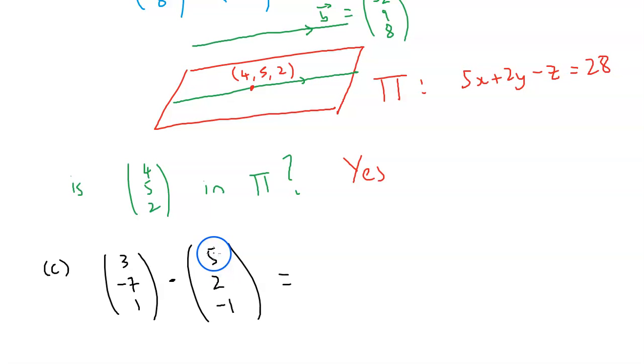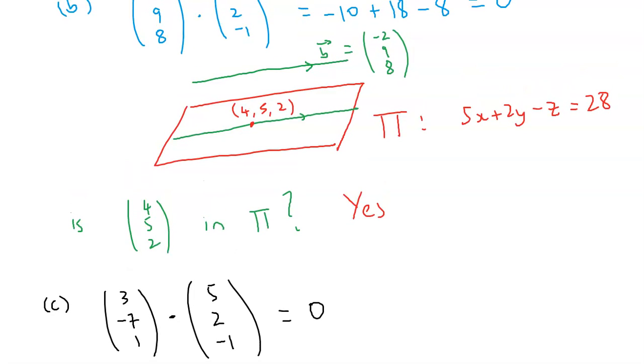And we get 3 times 5 is 15, minus 14, minus 1 equals 0. So again, that places us in either one of these two situations. Either the line is contained completely within the plane, or it is parallel to the plane, since it is orthogonal to the normal vector of the plane. It has to be one of these two situations.